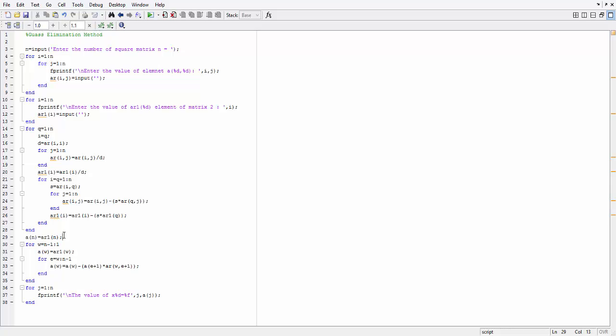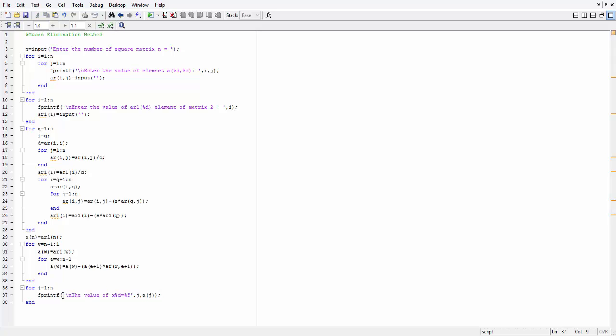Then we can find x by putting the values of y and z in the first equation. So this part of the code is for backward substitution, in which we take a equal to A(r1) and then w, then we take this loop which is basically for backward substitution, and as and when we have done this we print the value.